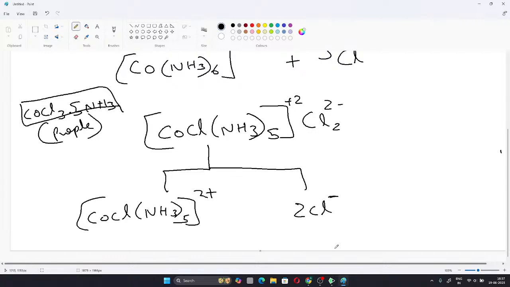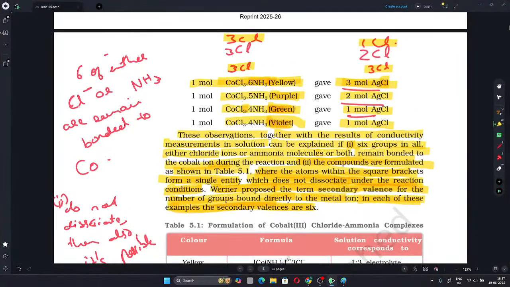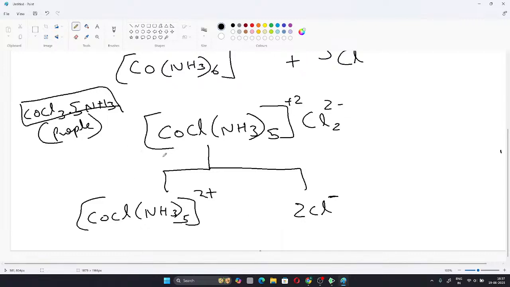In the second case, where we took 1 mole of CoCl3 plus 5NH3, we only got 2 AgCl. We lost 1 chlorine. This is the reason we lost this 1 chlorine, because it was inside the complex.